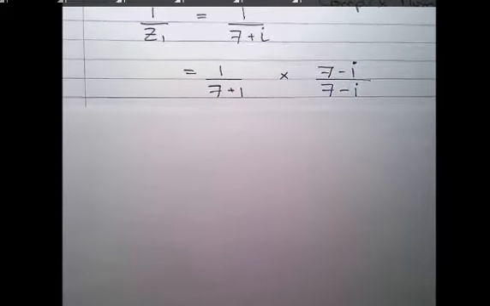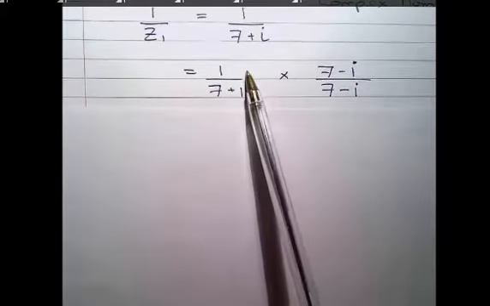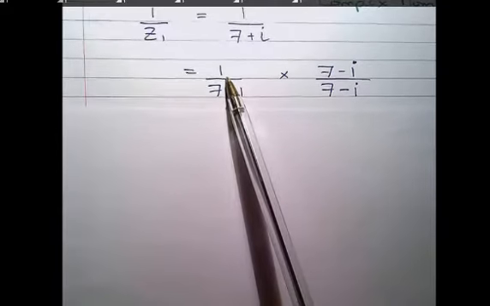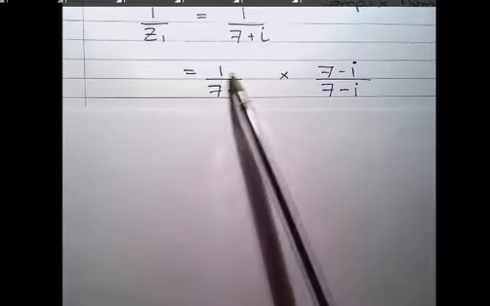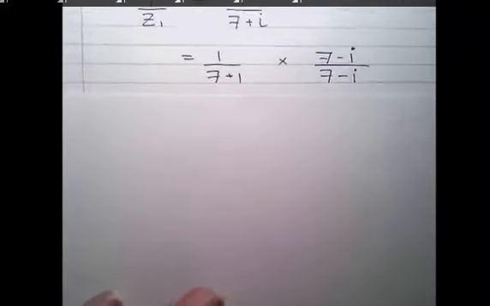We multiply the denominator by the complex conjugate of the denominator, and the numerator by the complex conjugate of the denominator. Essentially we're treating 1 as a complex number, 1 plus 0i, and doing it more or less the same way. So I'll go through this one very quickly.